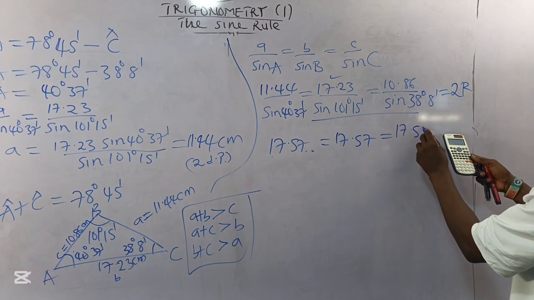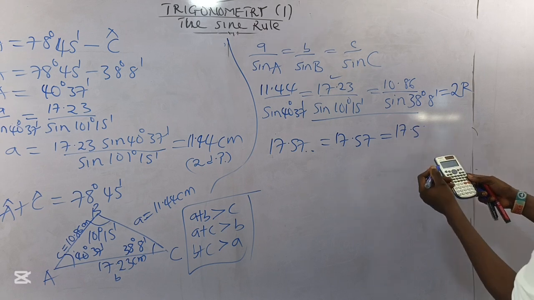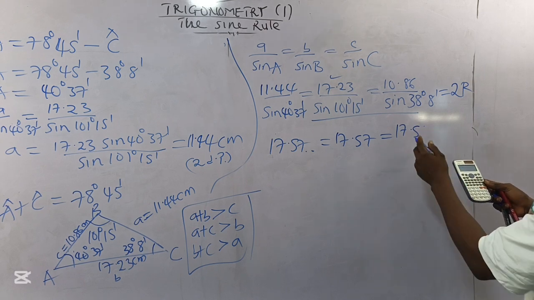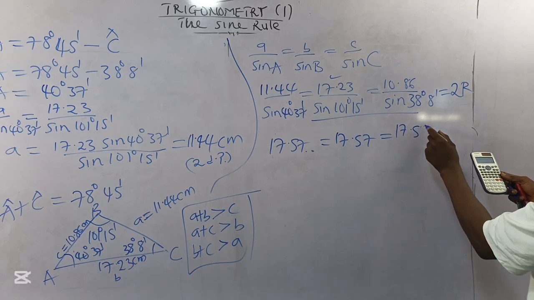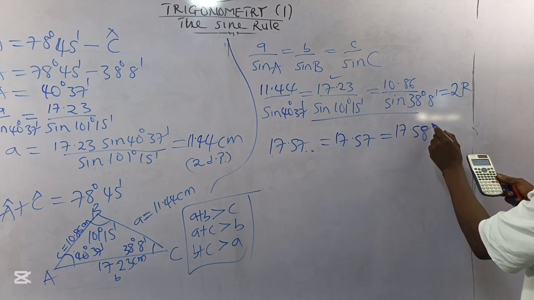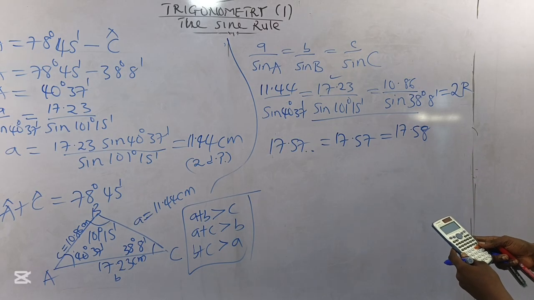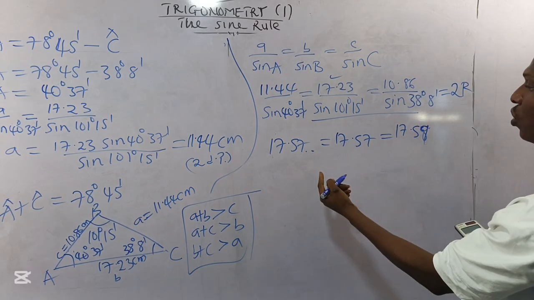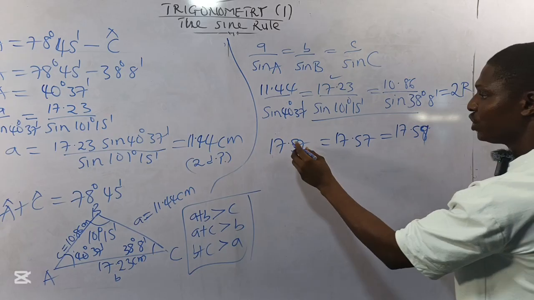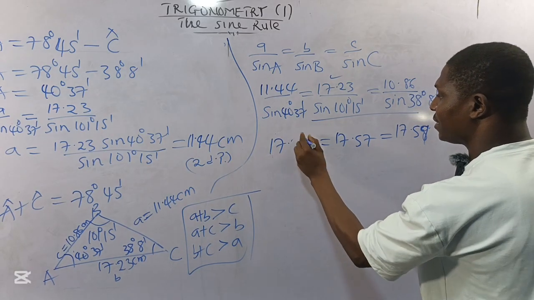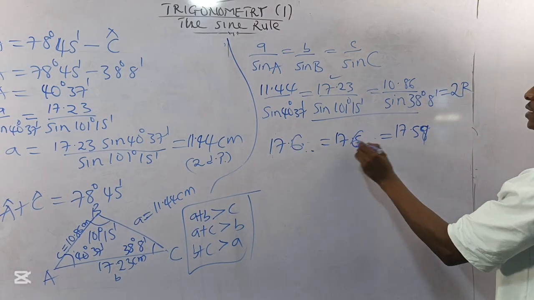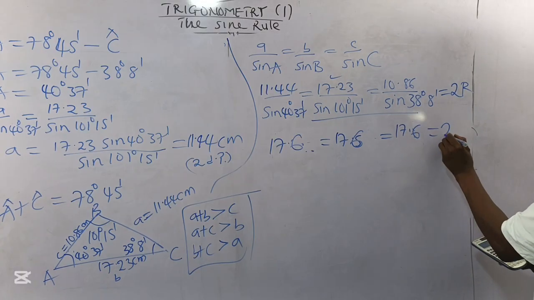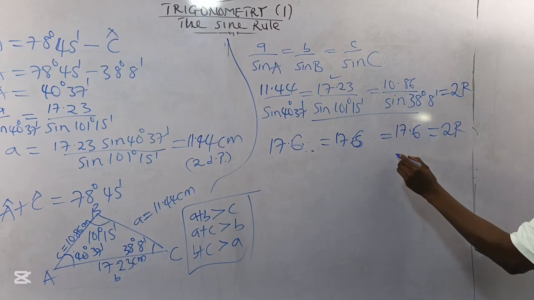This is 10.86 divided by sine 38 degrees 8 minutes. If you observe, this is 17.5 something. But if you approximate all to 1 decimal place, this will give you 17.56 and 17.56, which is equal to what? 2R, where R here is the what?